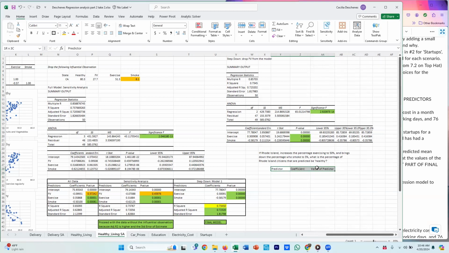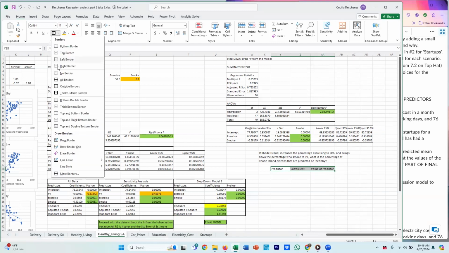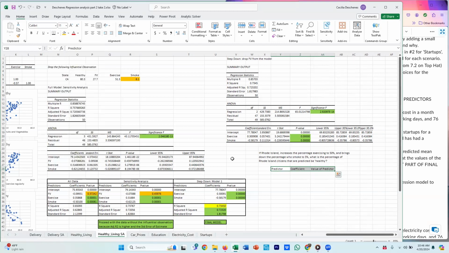And then the value of the predictor. So let's get these in here. And then the value of the predictor, we're always going to have the intercept. The percentage, we want to raise the percentage of exercise to 50%, and we want to reduce those who smoke down to 5%.